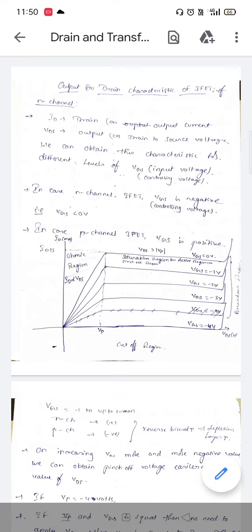That is at negative voltages of VGS, the gate to source terminal.